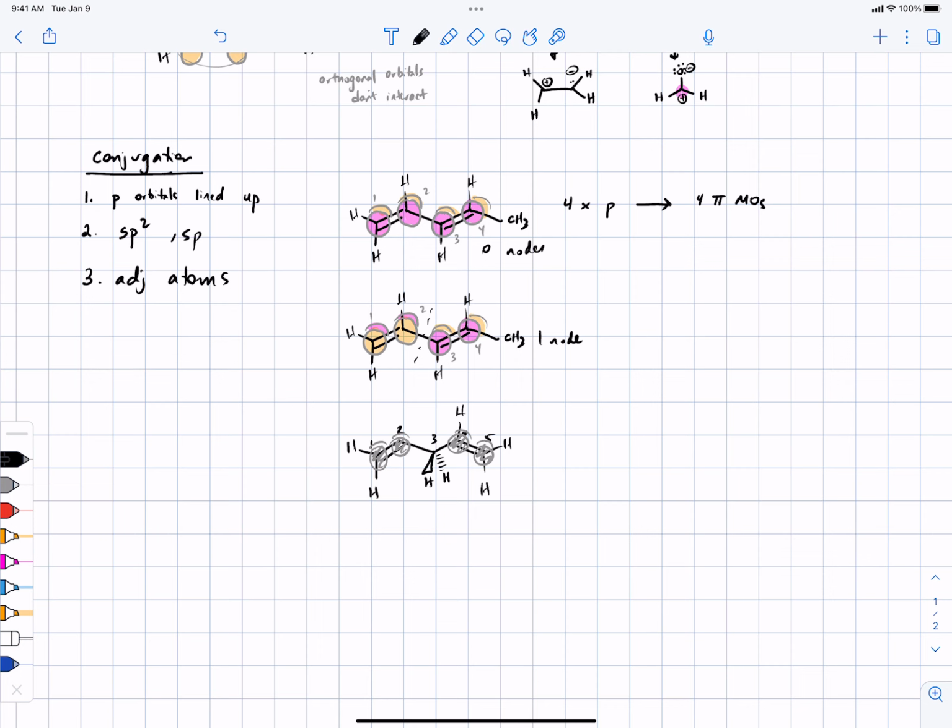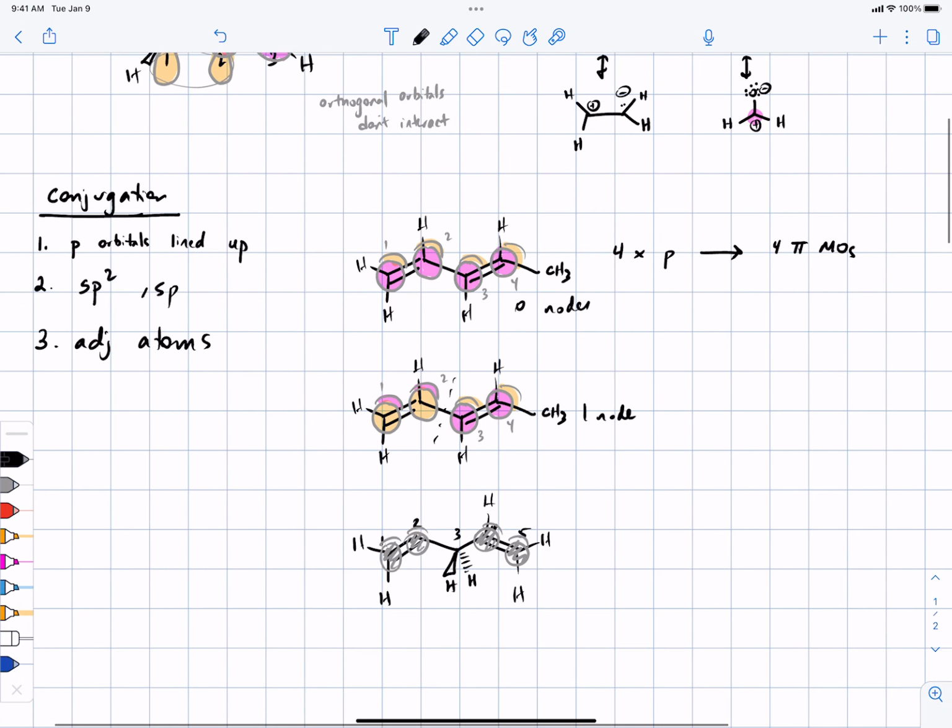When I was in this class 22 years ago or something like that, Dr. Savage described conjugation as, quote, a contiguous, that's a nice word, array of p orbitals. Contiguous meaning they're on adjacent atoms.